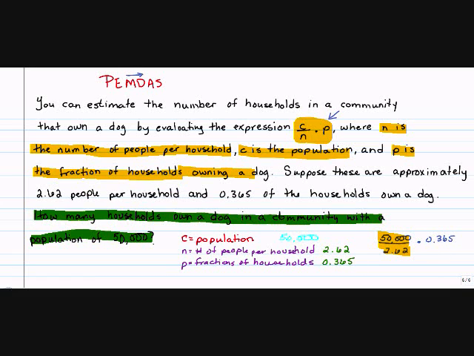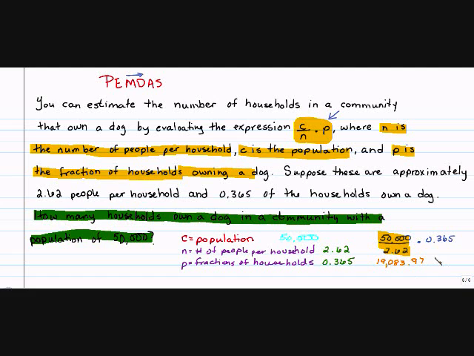So in order to do that, 50,000 divided by 2 and 62 hundredths is 19,083 and 97 hundredths.